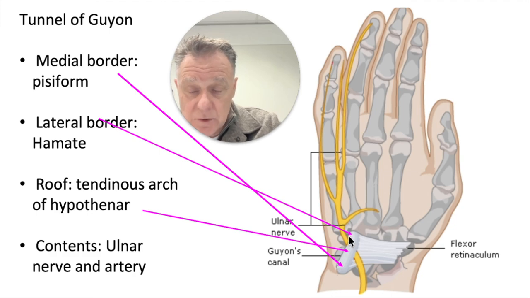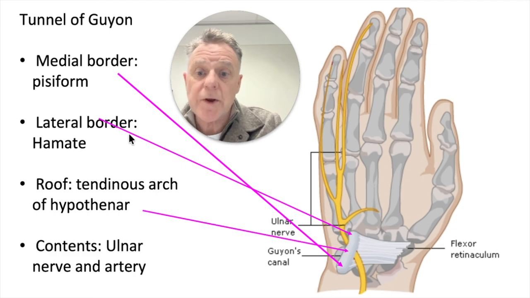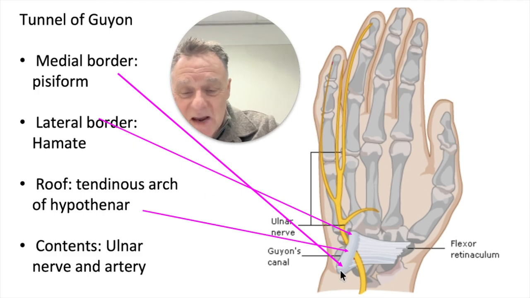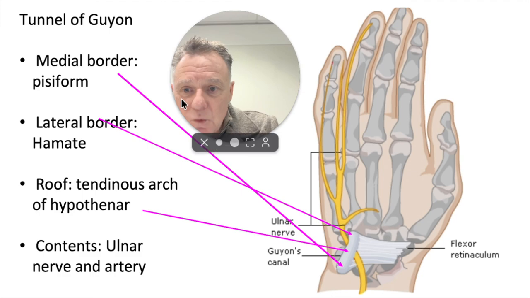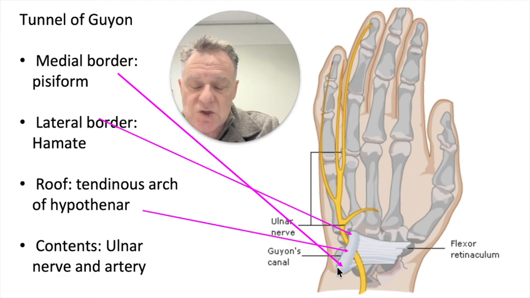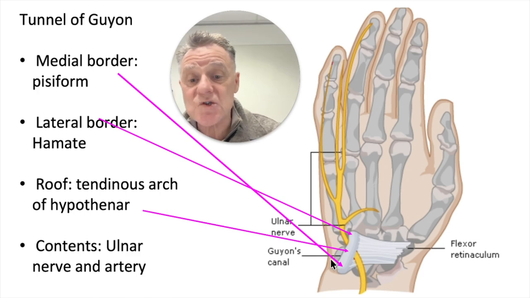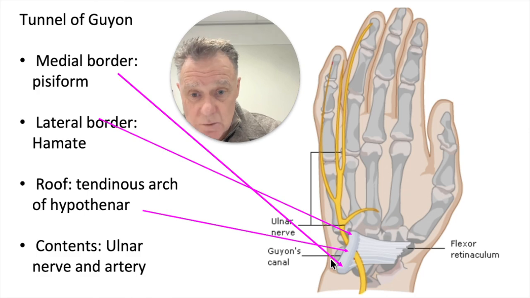So the medial border, which is closest to the medial aspect of the hand in an anatomical position, so supinated, right? So this is supinated, the hand here. The medial border is going to be the pisiform. And in the distal row is going to be the hamate, right?